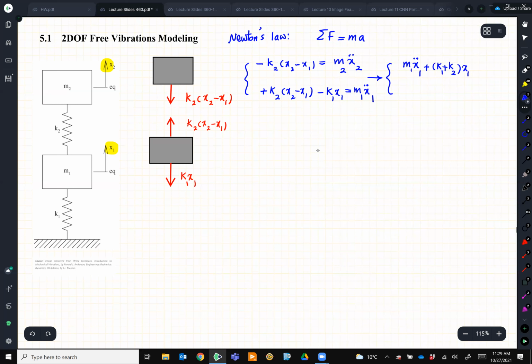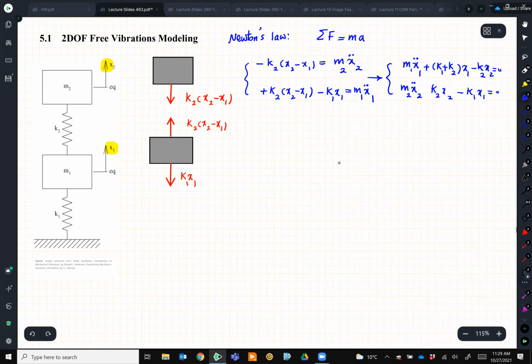I move everything to the other side, minus K2 x2 equal to 0, and then m2 x double dot 2 plus K2 x2 minus K2 x1 equal to 0. Okay, that's positive, that's negative.